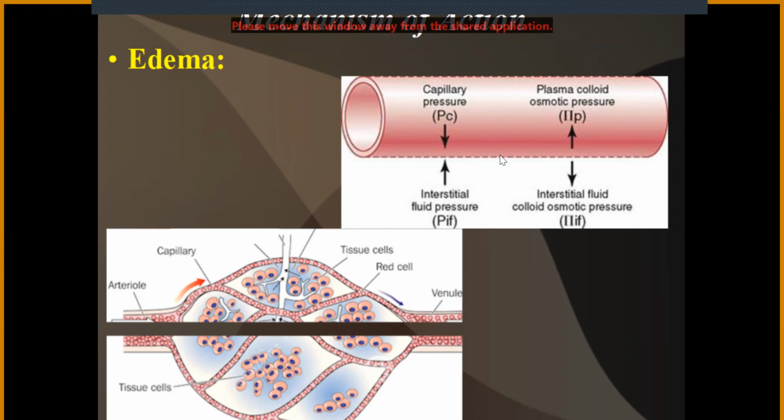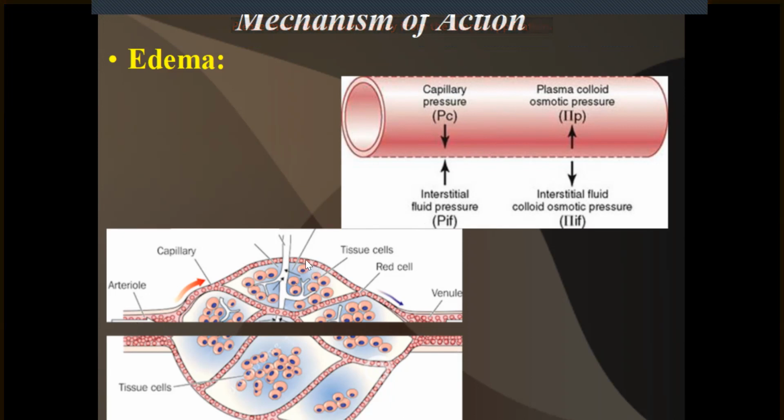Meaning whatever medicine or amino acids or other required things have to come here for wound healing are not coming. Second thing edema is doing: this is the normal side, this is the edematous side. If we see carefully, this is the capillary and this is the tissue cells.